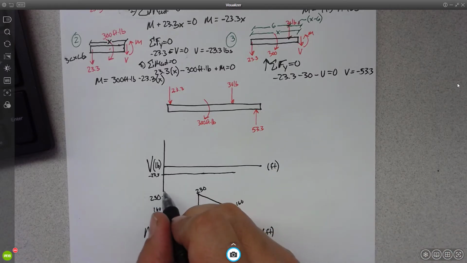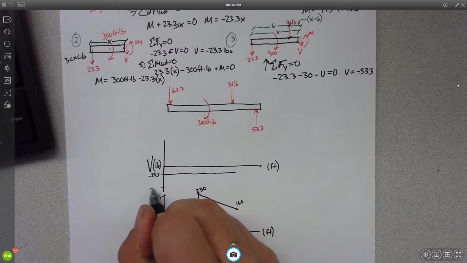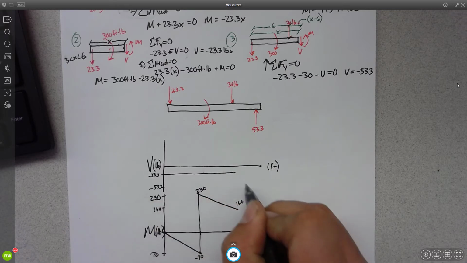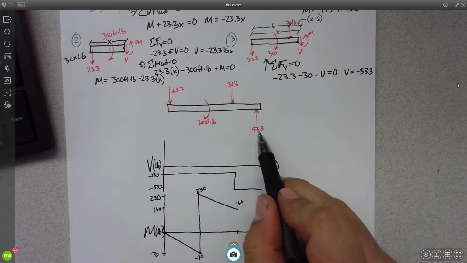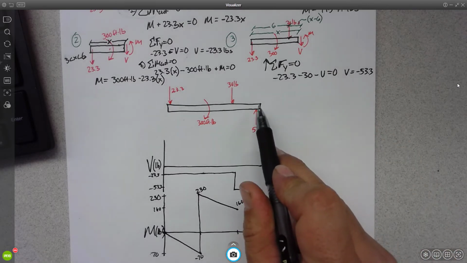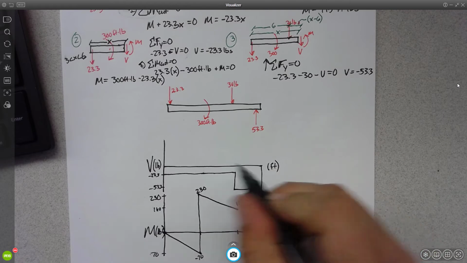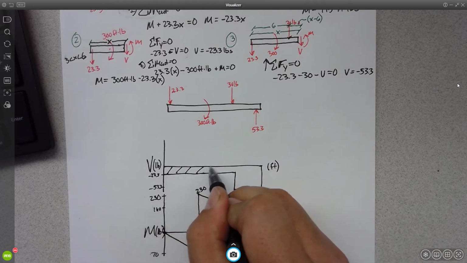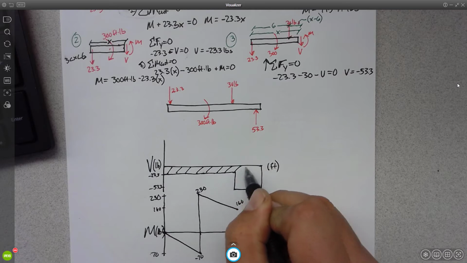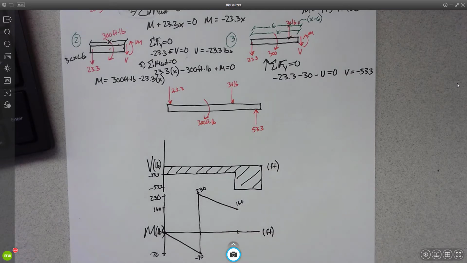Okay, so I come to my chart. I can come down to negative 53.3. Look at that, here I have 53.3 acting up. So this is my shear diagram, and I like to shade it, because it's helpful to have it shaded.